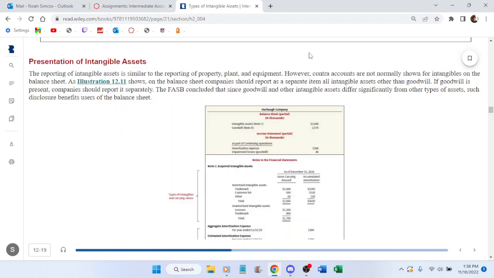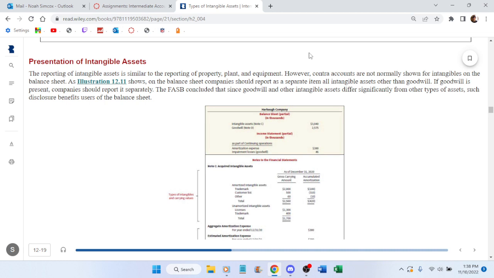The reporting of intangible assets is similar to the reporting of property, plant, and equipment. However, contra accounts are not normally shown for intangibles on the balance sheet.